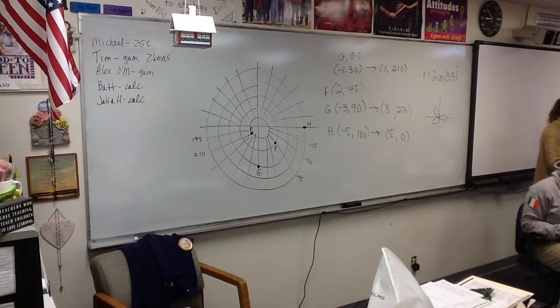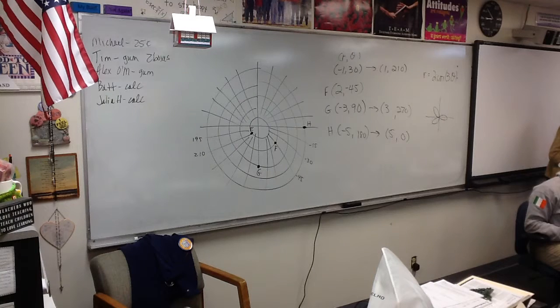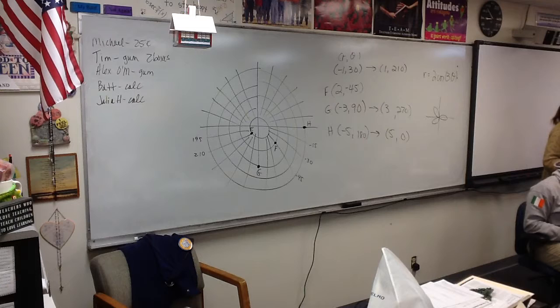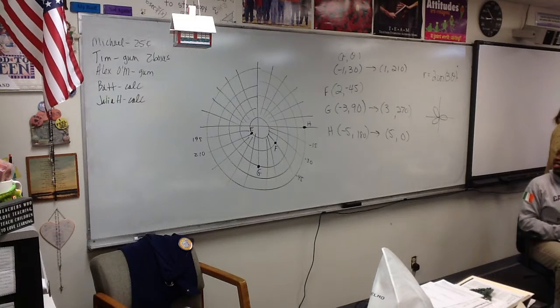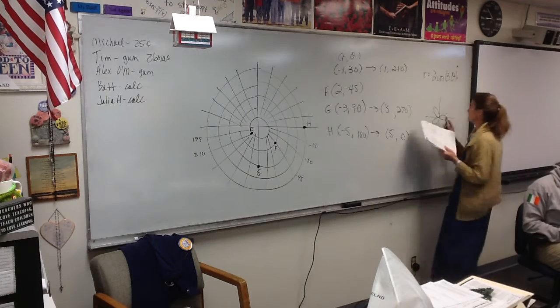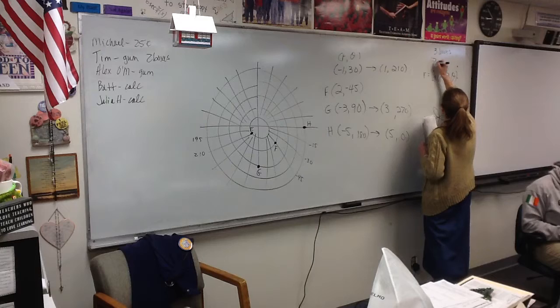The questions that you are answering, how many leaves? 3. How long are they? Can you tell, or do you have a guess? From the equation, maybe. They're 2 units long. So for this equation, we have 3 leaves, and they're 2 units long.